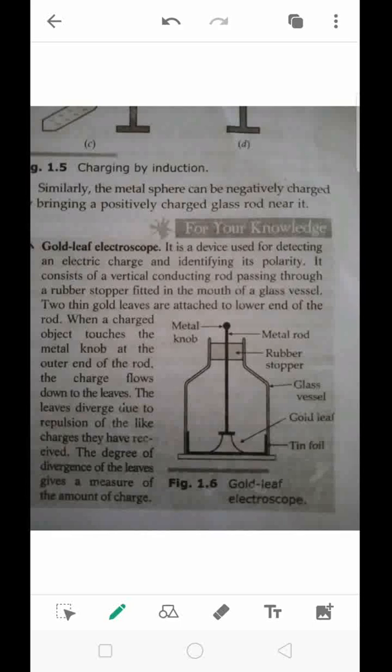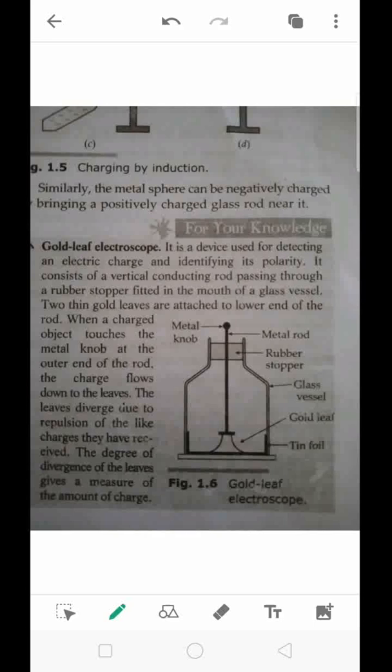If a negatively charged body is brought in contact with the conducting rod, both the leaves will get the negative charge. So whatever it may be, when a charged body is brought near, that charge passes to the gold leaves, and both the gold leaves will acquire the same charge and start diverging from each other.